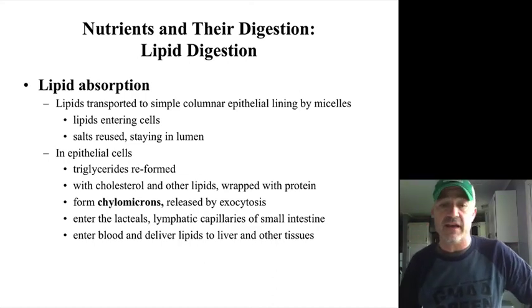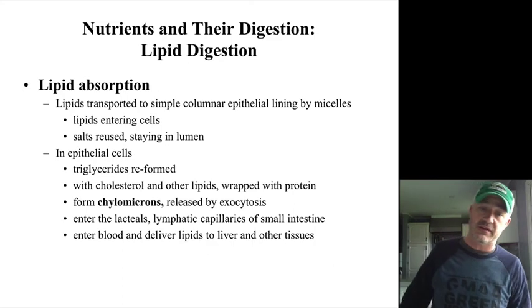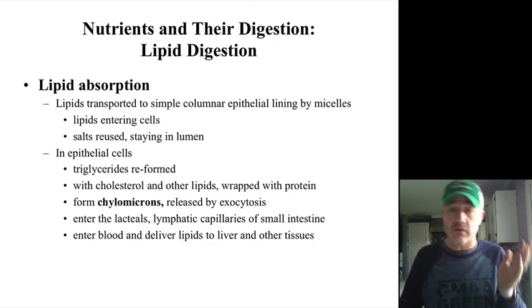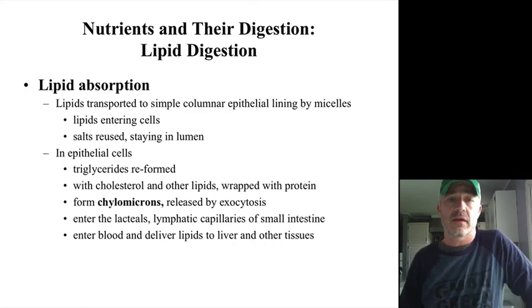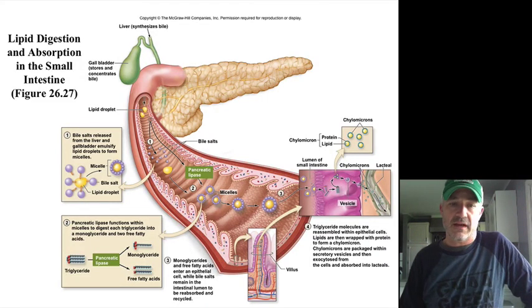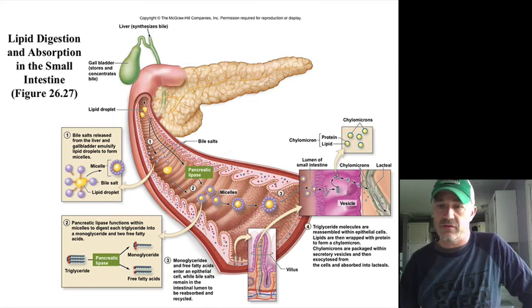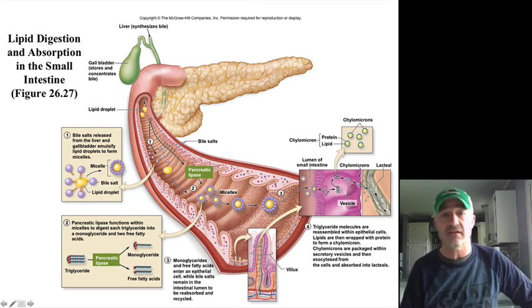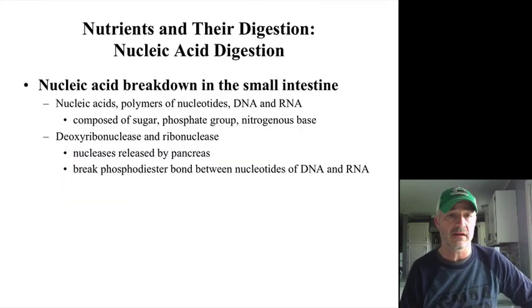They get into lymphatic capillaries and then enter the bloodstream where the lymphatics dump back in, and then go to the liver and other tissues. So they don't go the same pathway as most of the rest. You can see it right here, showing the chylomicrons getting moved through and then being put into the lacteal. A little bit different than most of the other nutrients we're talking about.